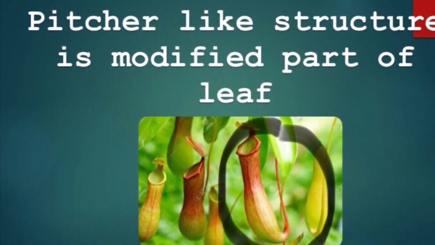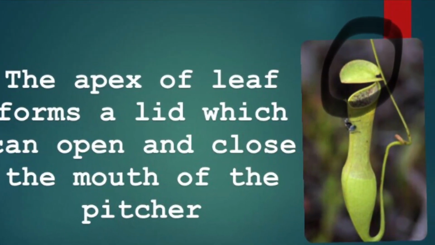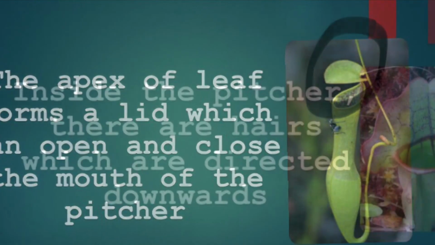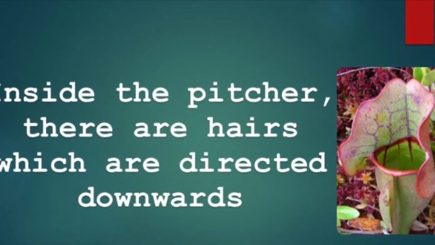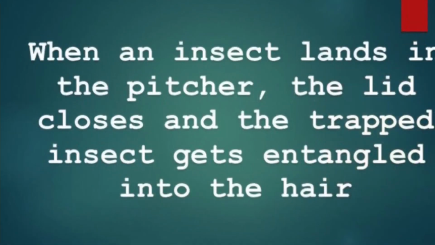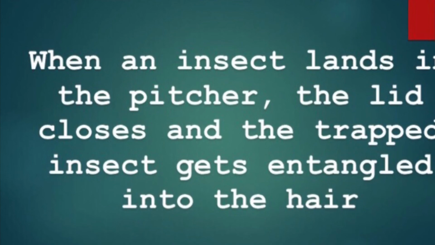The apex of the leaf forms a lid which can open and close the mouth of the pitcher. Inside the pitcher, there are hairs which are directed downwards. When an insect lands in the pitcher, the lid closes and the trapped insect gets entangled in the hair.